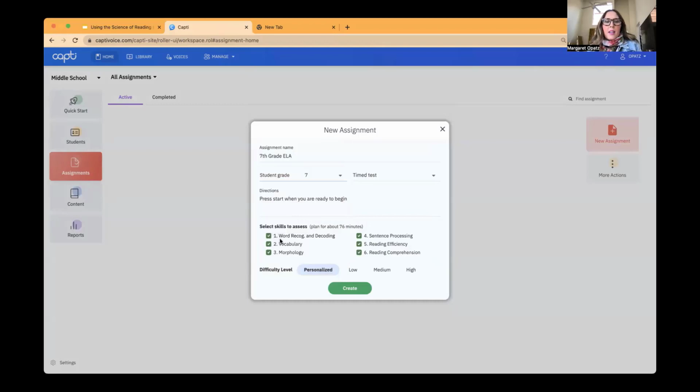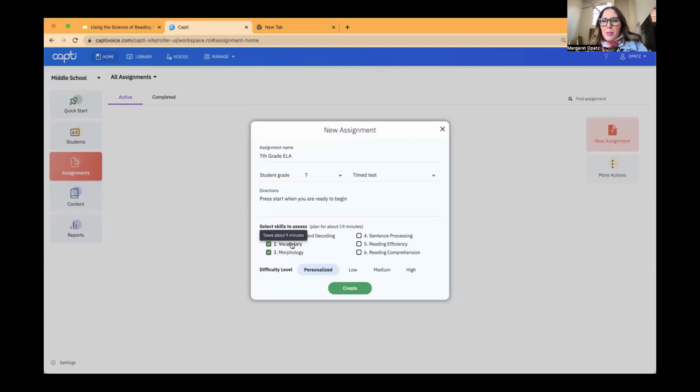And then I can decide what sub-skills to assess. I could potentially do all of these subtests and sub-skills, which would be about 76 minutes. Or I can select just the 2 that I'm focusing on during this webinar, which are vocabulary and morphology. If I do that, it says it'll take about 19 minutes with my students to complete the assessment.